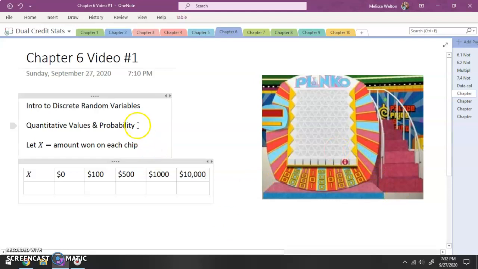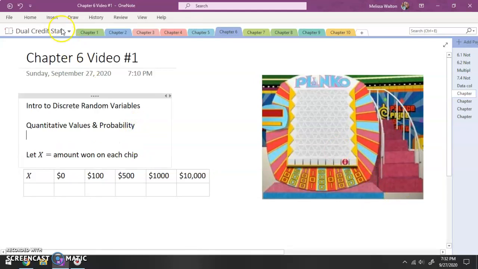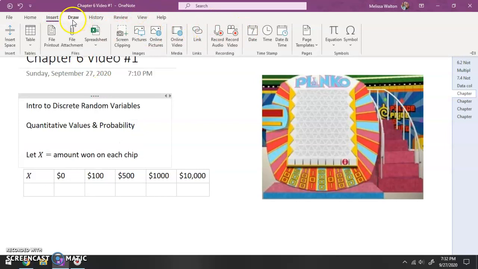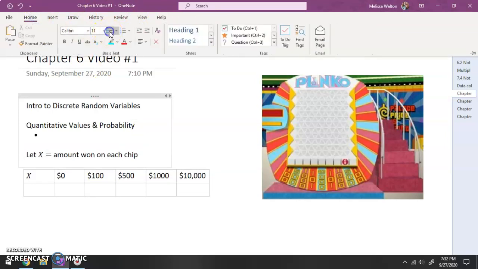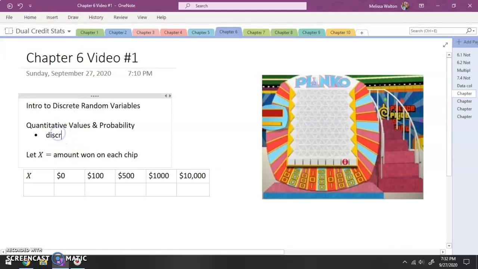Now, one thing that I do want to make clear here is that there are two different types of variables that we could have. This one is called a discrete random variable because there's only a set number of values that this could take on. We could only win 0, 100, 500, 1,000, and 10,000.